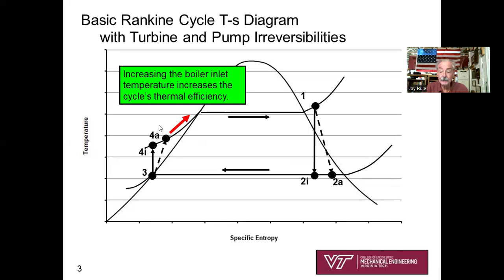That represents a source of irreversibility, heat transfer across a finite delta T. So the higher you can get this supply temperature, the more efficient your cycle will be.